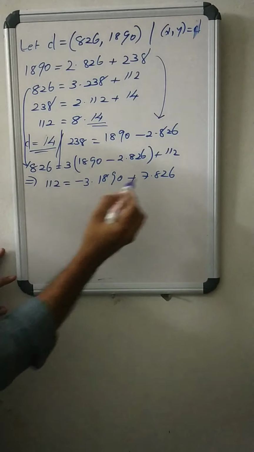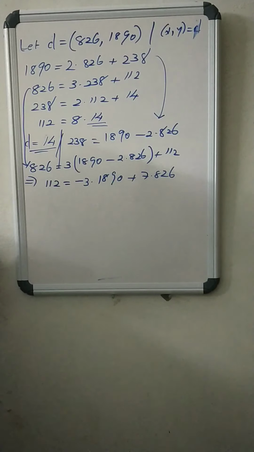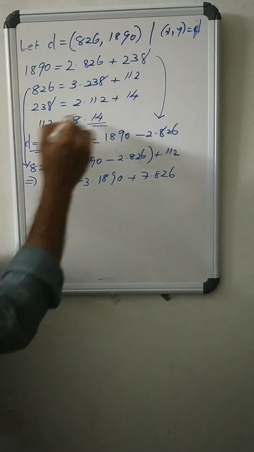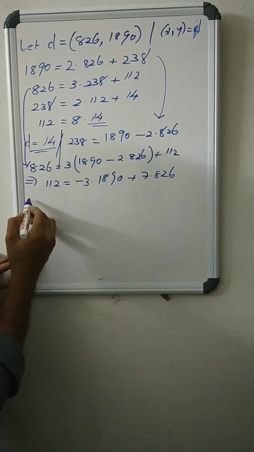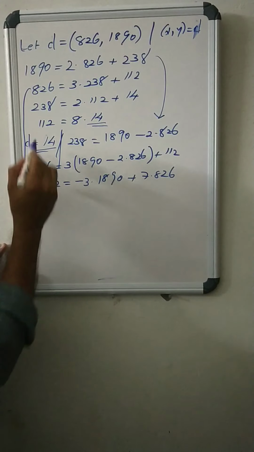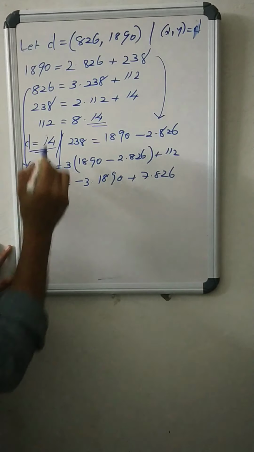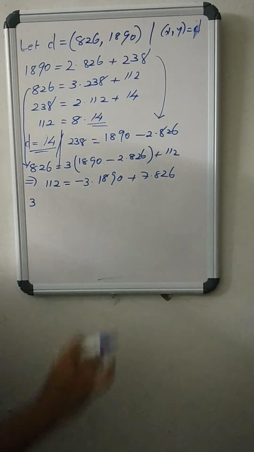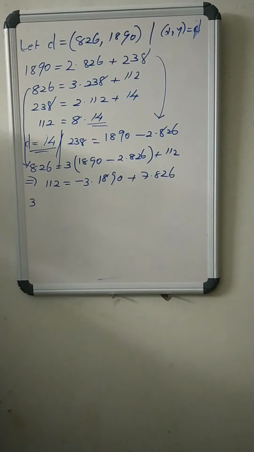So from here again you can rearrange: 112 equals minus 3 into 1890 plus 7 into 826.